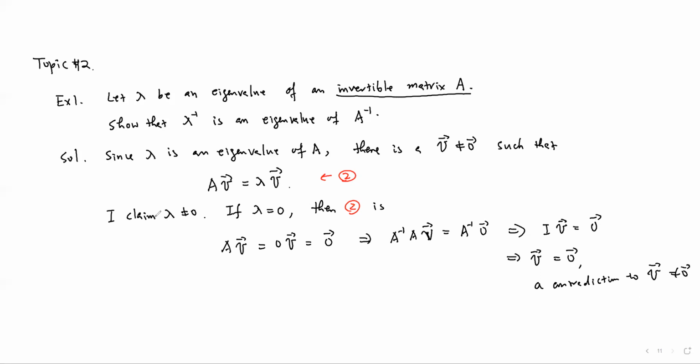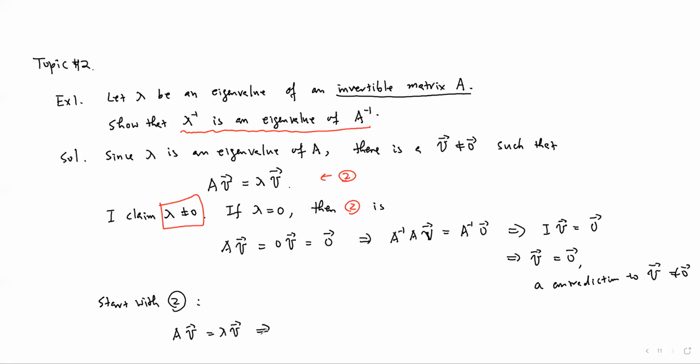So if lambda is 0, we get a contradiction. Therefore, lambda must be non-zero. Now I show that lambda inverse is an eigenvalue of A inverse. How? Start with equation 2: A v equals lambda v.